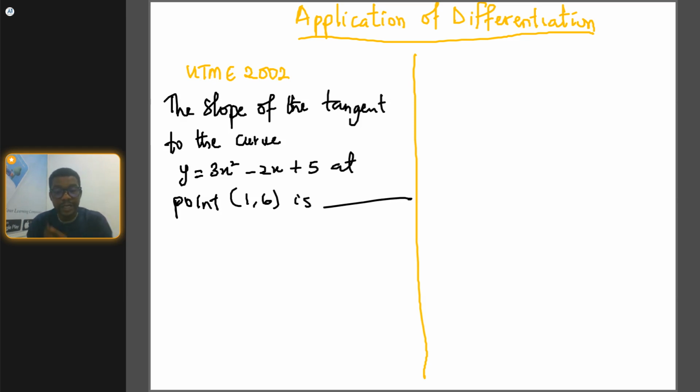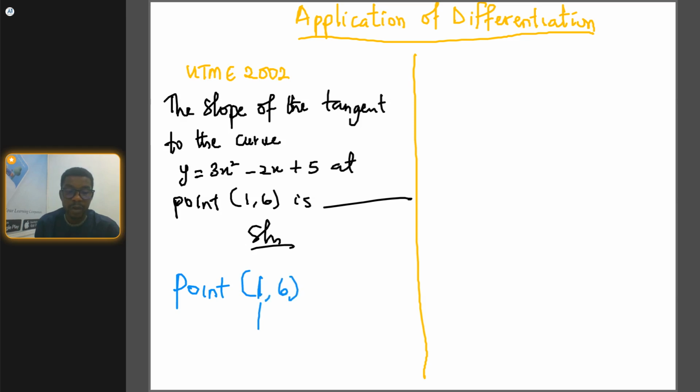So we are asked to find the slope of this curve at a given point. The point given to us is 1, 6. 1 is representing x and 6 is representing y.